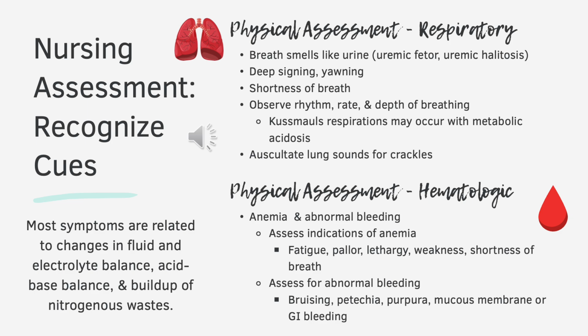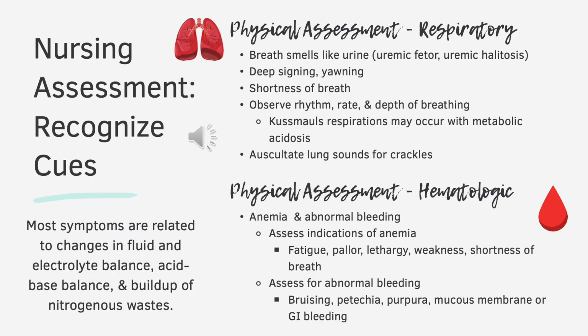Again, because we're looking for that possible Kussmaul's respirations that are a result of metabolic acidosis. With the metabolic acidosis, the respiratory system tries to compensate, and so we see that increased breathing rate and increased breathing depth, which is Kussmaul's respirations.